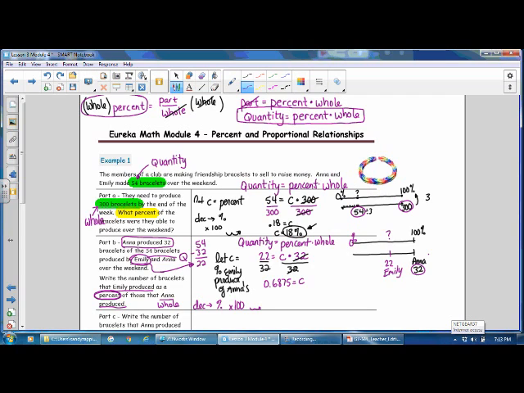And so our percent is 68.75. So here's what we know. Emily produced 68.75% of the amount Anna produced.